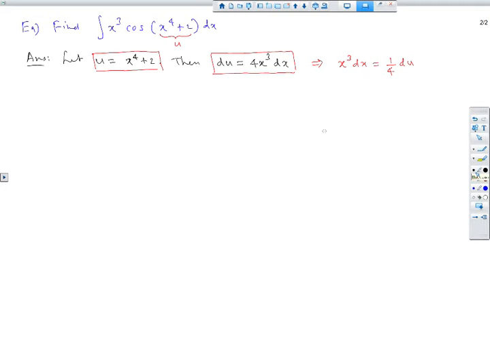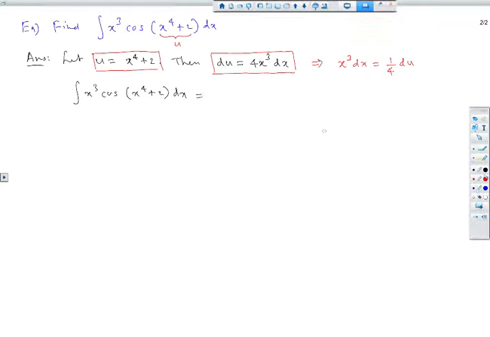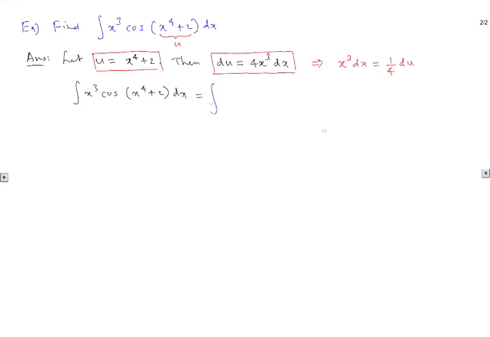Good. So now let's do the rest of the problem. So what's going to happen? x cubed cosine of x to the 4th plus 2 dx equals, after the substitution, cosine of x to the 4th plus 2, which is u, so it becomes cosine u, and then you're going to combine these two.